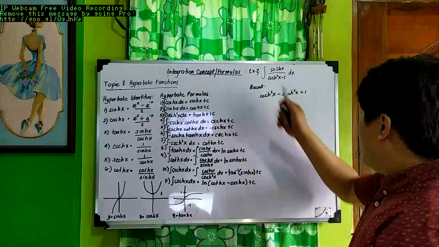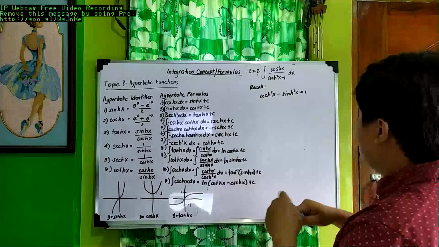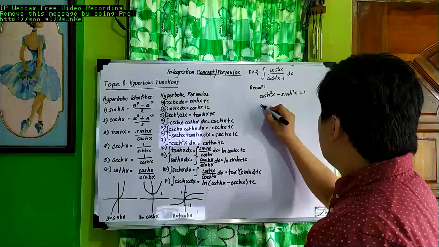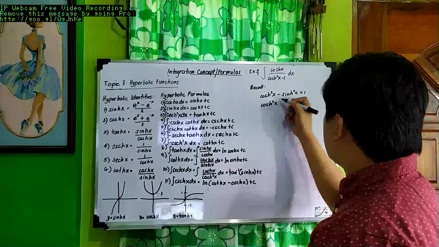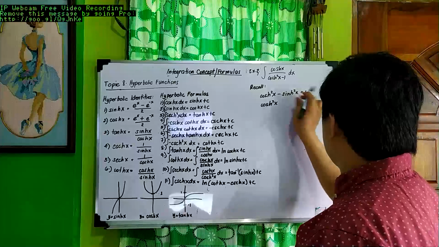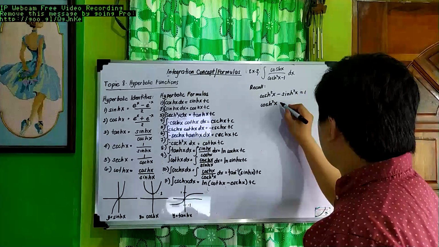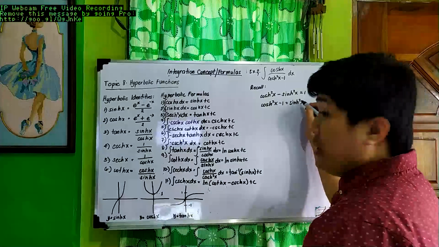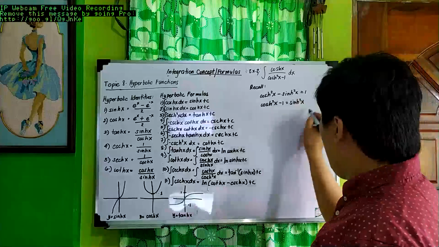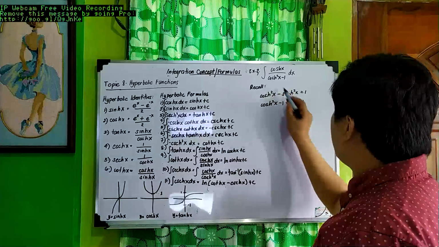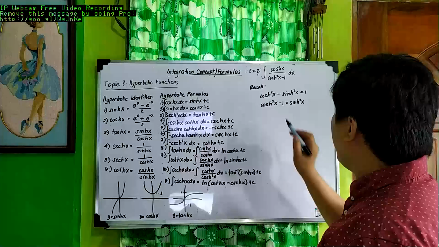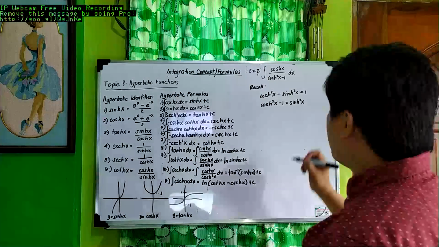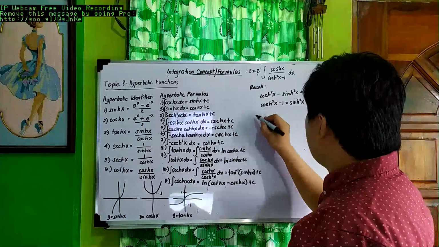So we could rewrite this: cosine hyperbolic squared x, you move it outside, this becomes positive, and the 1 moved inside becomes negative. So cosine hyperbolic squared x minus 1 is equal to sine hyperbolic squared x. Now let's continue.